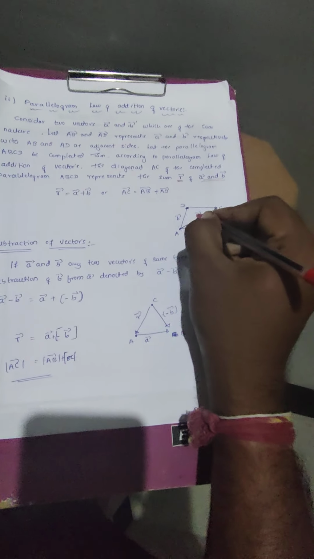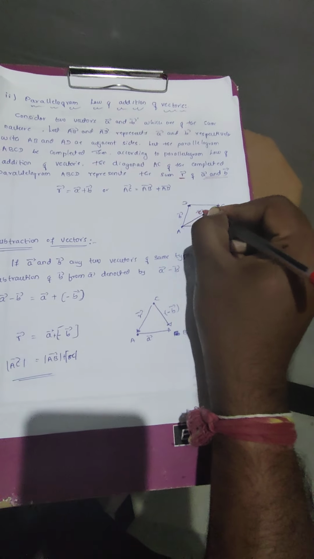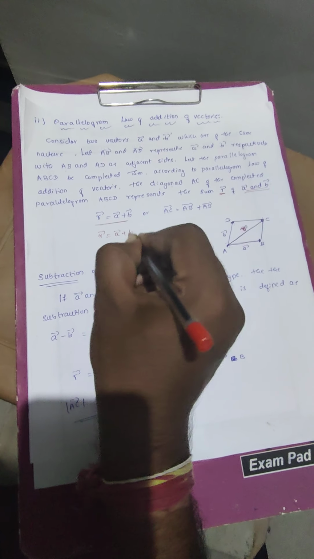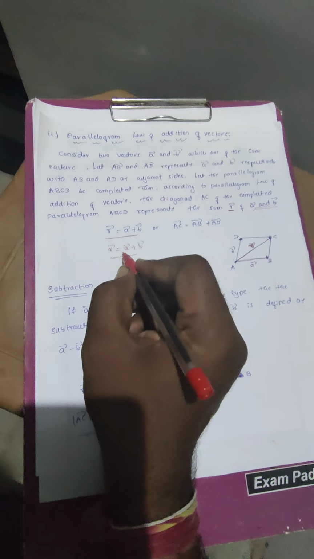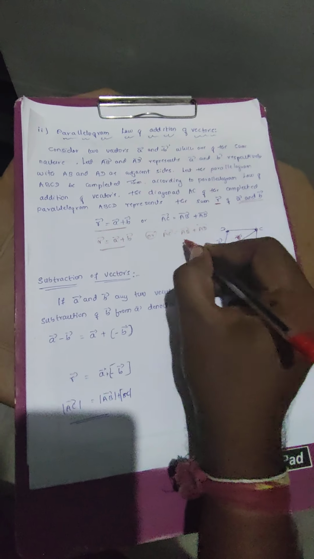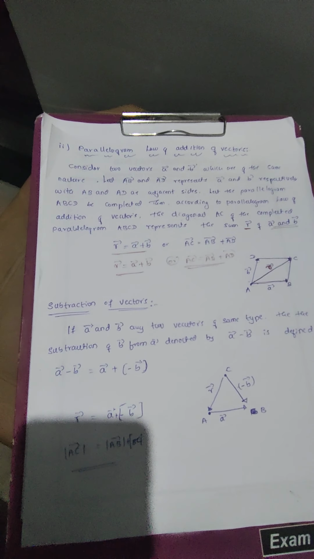Here this is vector R. The sum of A and B is given by vector R, which is the line joining A and C. Here we have written that the addition of A and B is given by vector R equal to vector A plus vector B. Magnitude of R is AC. This is the parallelogram law of addition of vectors.